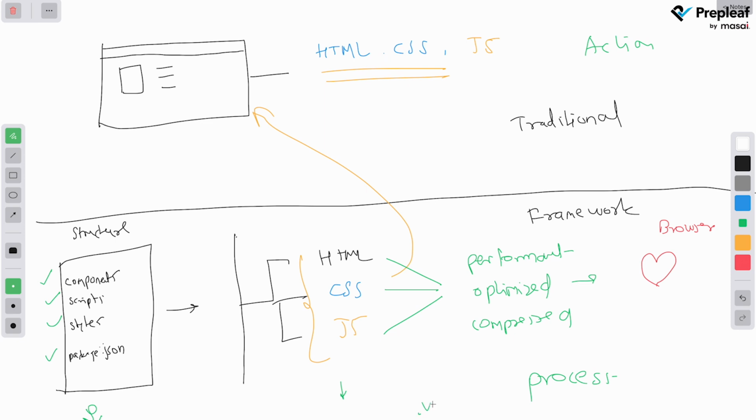It does not understand .vue files, it does not understand .jsx files, any of these fancy files. It is only workable till this point, not later on. And that's why it is a very in-depth process of making sure that both the browser and the developer are happy and you get the best possible website. So that's what this framework does, and that's what Vue.js also does.